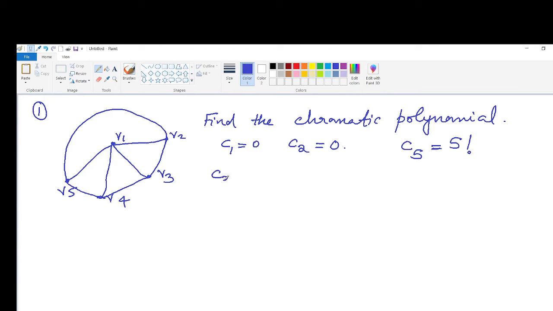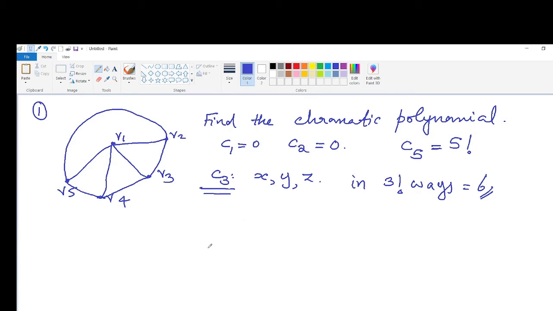Now how to find C3 here? For finding C3, suppose there are 3 colors X, Y, Z, and we assign these colors properly to V1, V2 and V3 in 3 factorial ways, that means 6 different ways.